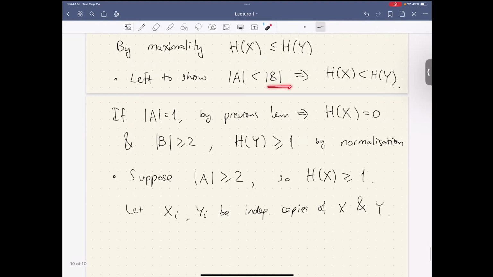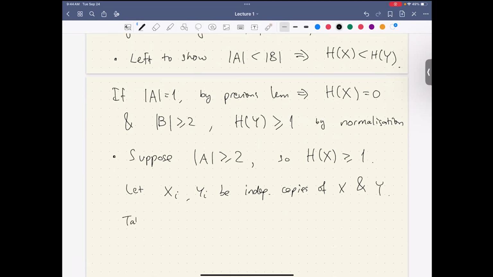Since A is strictly less than B, we can find a sufficiently large constant n so that the size of A to the power n is at most the size of B to the power n minus 1.